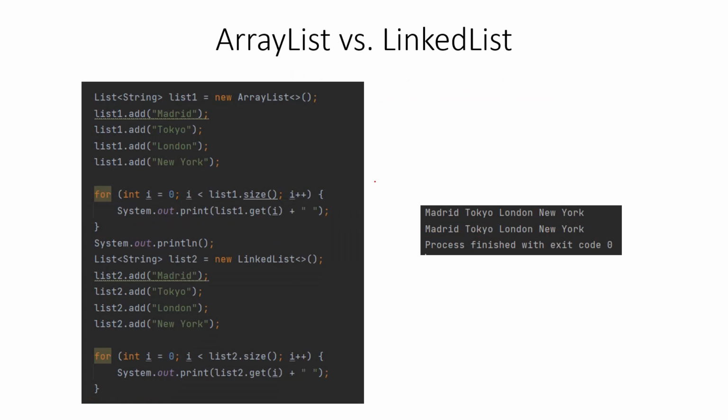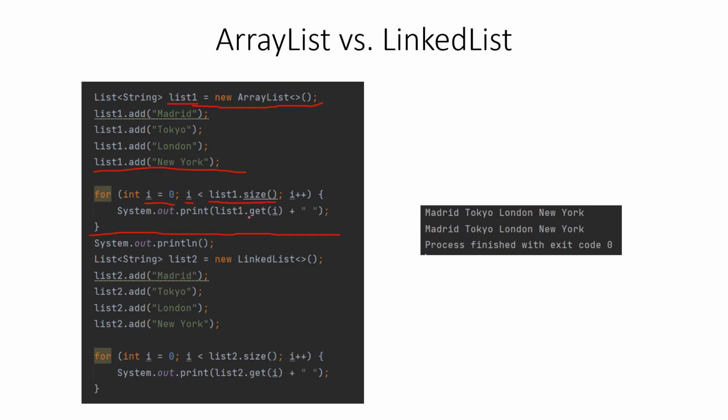Here is the code of the ArrayList and linked list. First, the ArrayList was declared through an object of the list, and we have added four strings for cities, and then we print it out. In order to print all the elements, we can say integer i equals 0, while i is less than the size of list1.